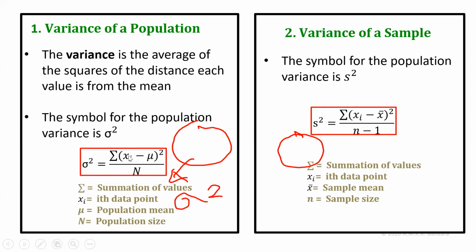Here, xi is any of the observations in the data set, mu is the population mean, and n is the number of observations in the data set. So using this formula, you can calculate the population variance.